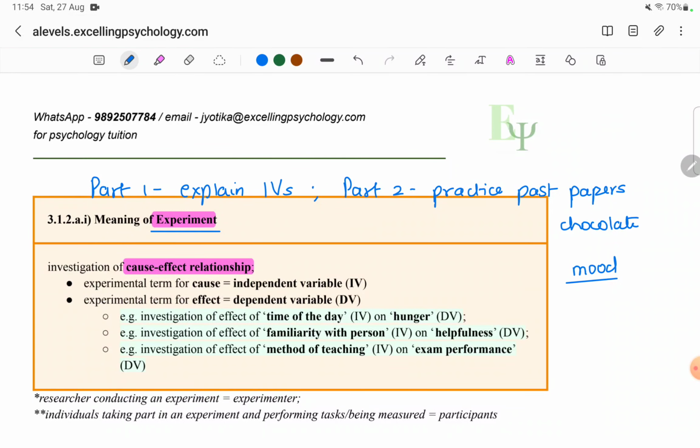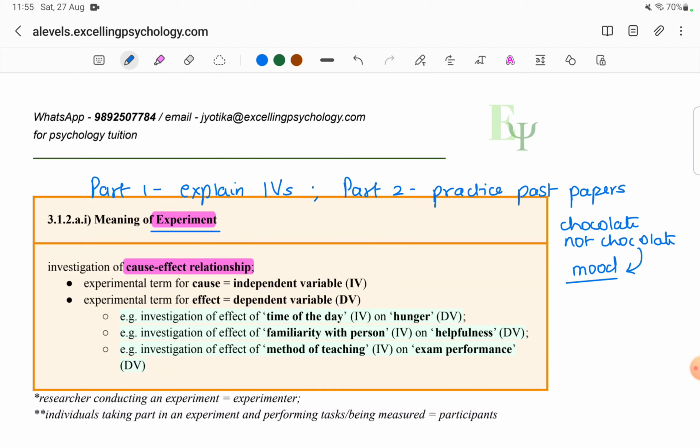Now, you could easily think of how you could experiment with this. What you could do is you could have a handful of people eat chocolate and another handful of people not eat chocolate. You could measure the mood of each and you could draw a comparison and you could see which group was in a better mood than another.